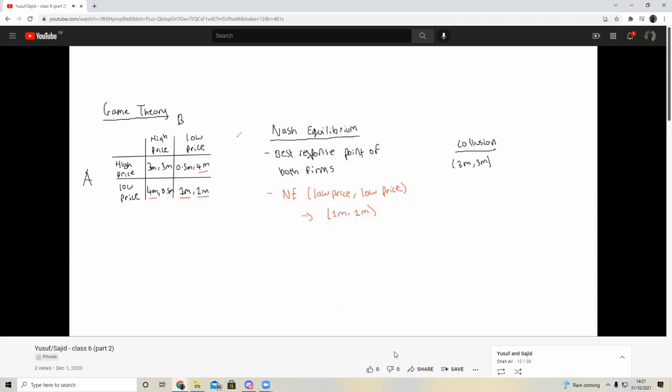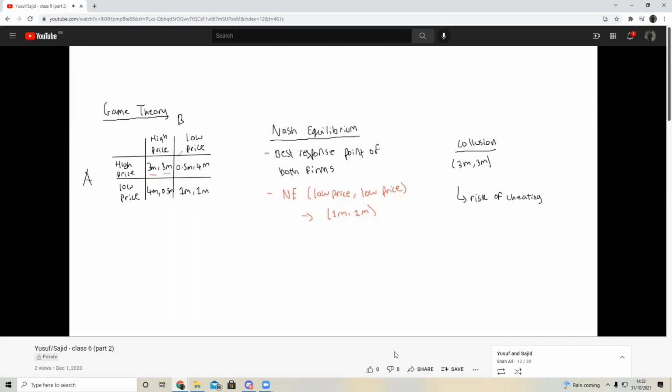But what's the risk of this? We know there's a risk of someone cheating. So let's see why. Say both of them are at 3 million, 3 million. This is the collusion level.